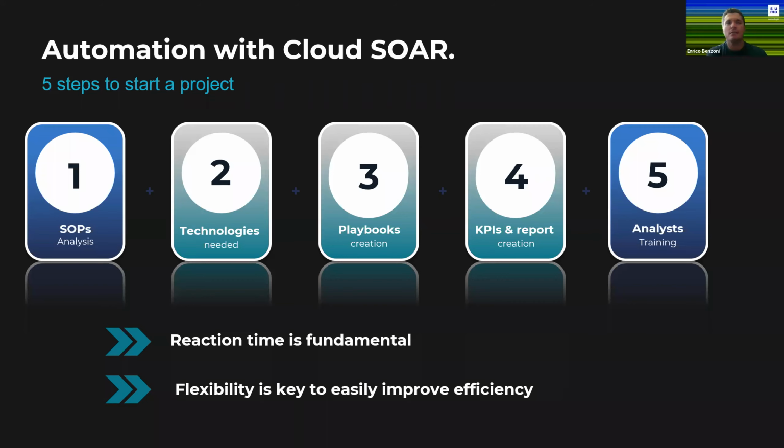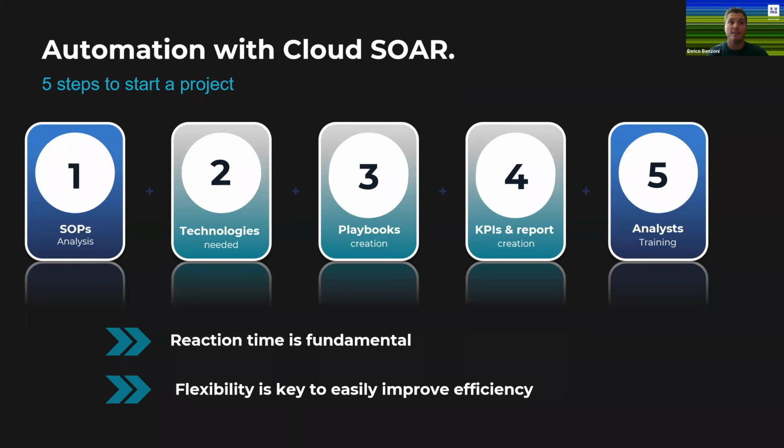So basically, the first step is to build the standard operating procedure. When you have a process, the process has to work without the automation. So it has to work manually. And then when you build the structured process to respond to a specific type of alert, you can use the automation for skipping time-consuming tasks.